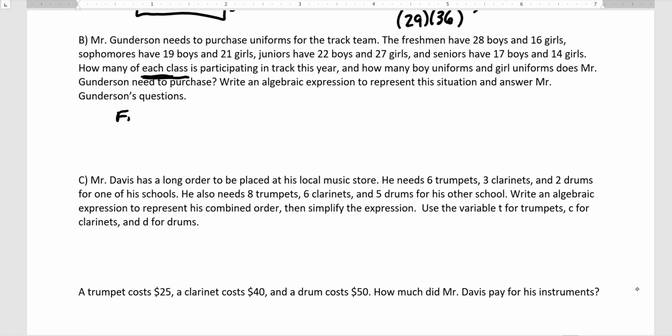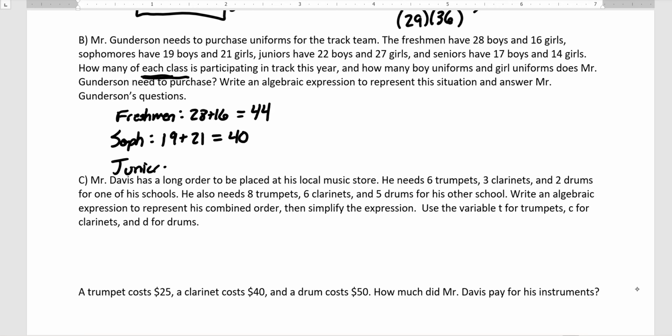Freshmen are 28 plus 16. Let's see, that'd be 44. Sophomores are 19 plus 21. That would be 40. Juniors, we have 22 plus 27.